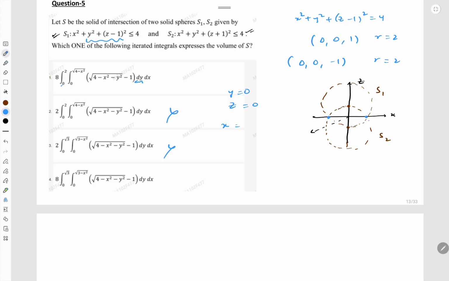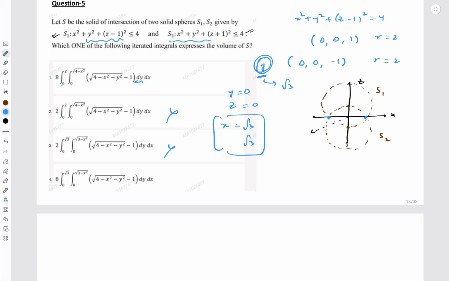So x will be nothing but root 3, right? Similarly for this, root 3, though the two values are the same because they are intersecting here. In the y-axis also, if I find the coordinate of intersection, it will be root 3.